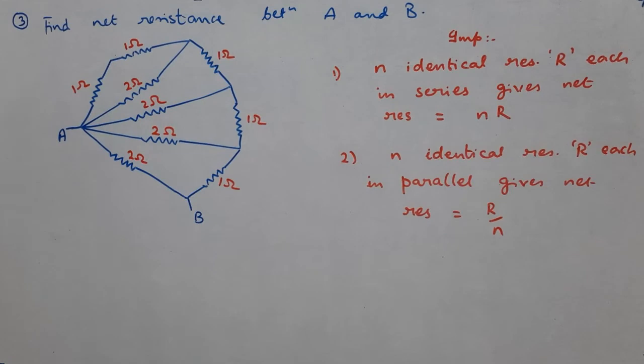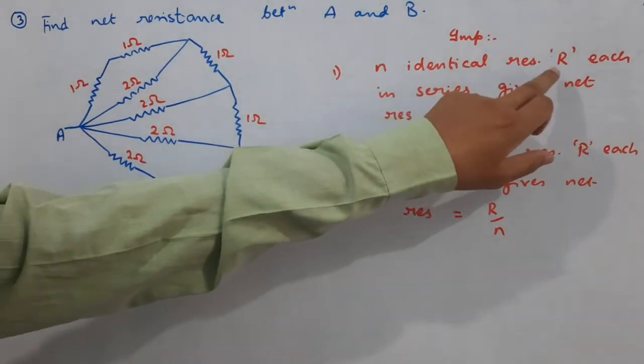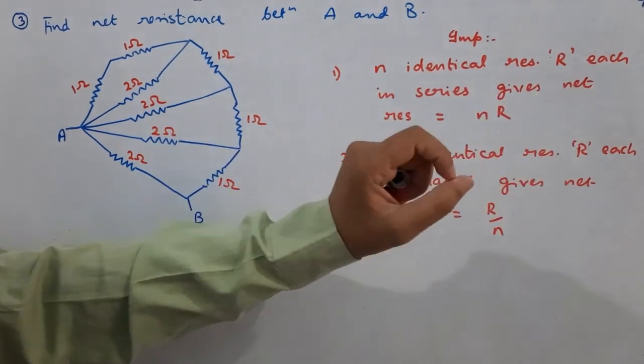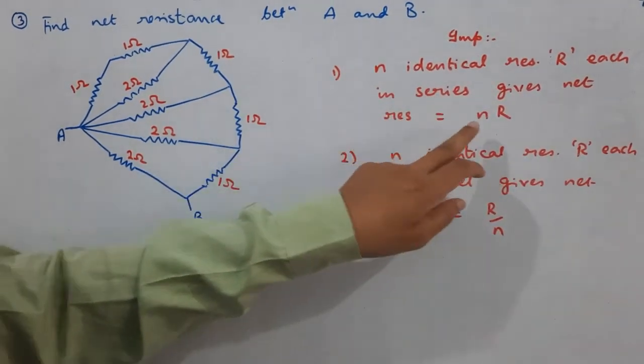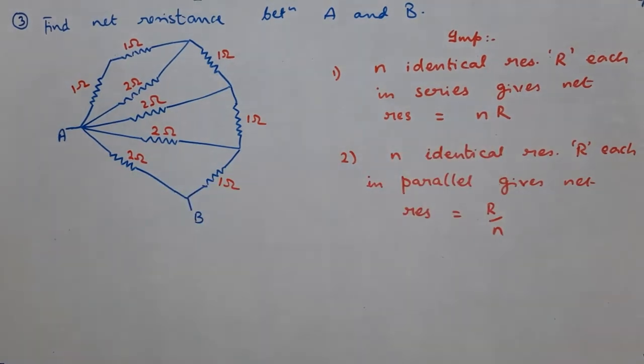Now before I proceed to solve the next question, you can see two important points I have mentioned on the screen. N identical resistors of resistance R each in series give a net resistance of N times R. Now what does this mean?